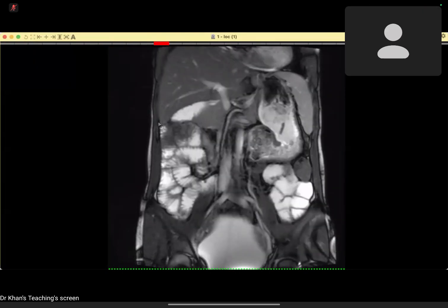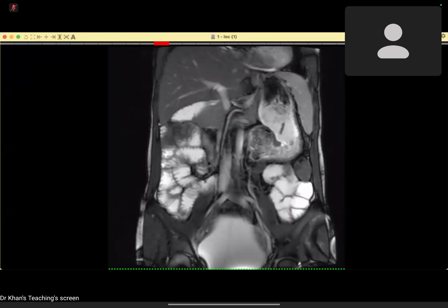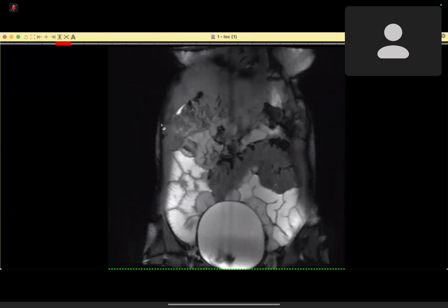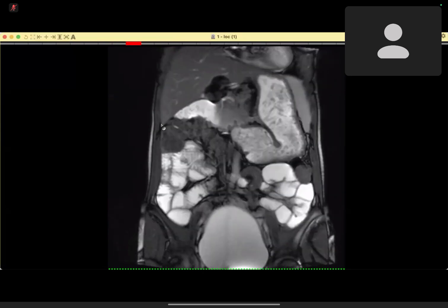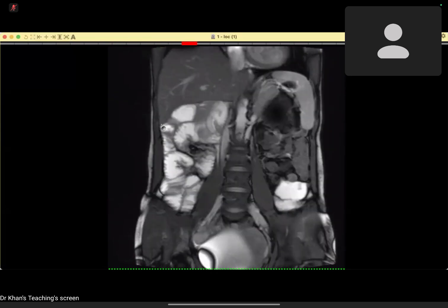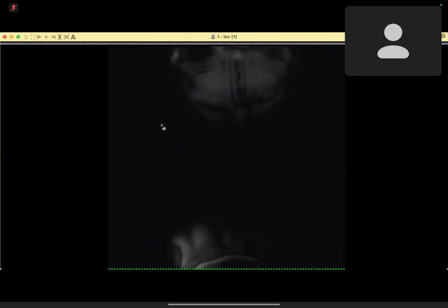Okay. So I have been presented with an MRE study for a middle-aged female patient with history of abdominal pain and chronic diarrhea on and off. I am looking through the examination from the start until its end.